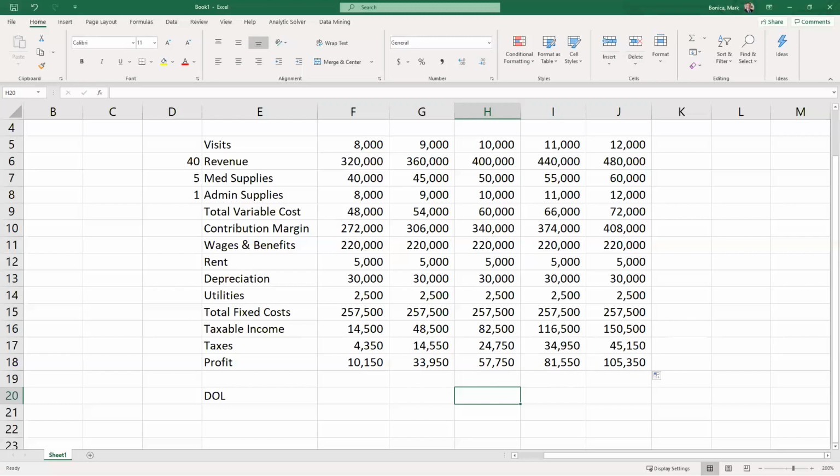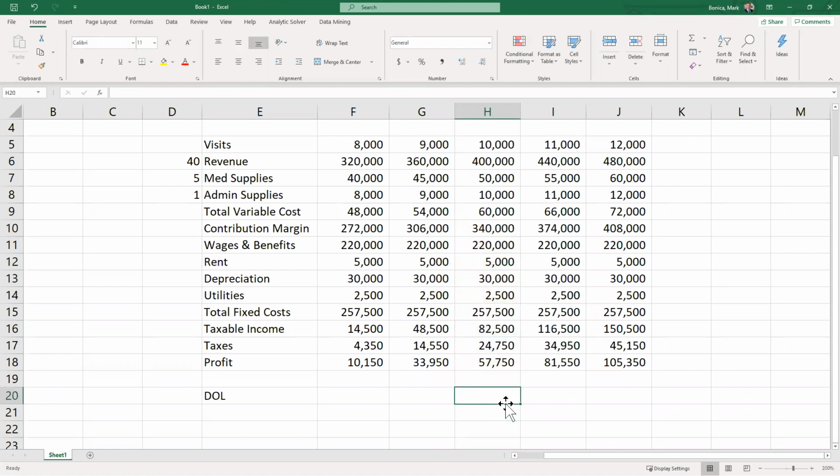So in order to get the right formula, you have to remember that it is going to be pre-tax profit, as opposed to just simply profit, and the contribution margin. So we're going to pick up the pre-tax profit, which is the taxable income, and the contribution margin.